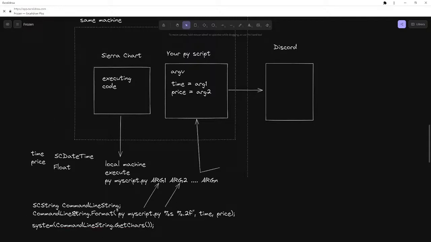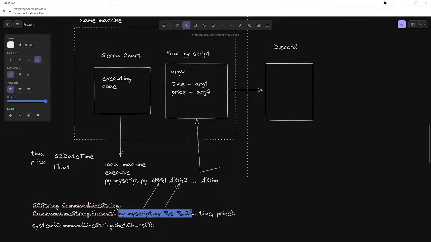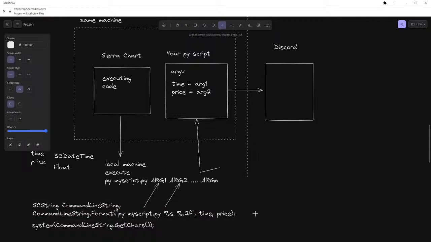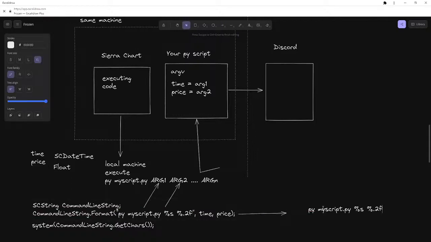So you format your command in here. This is your command right here. This will translate once you finish this. This will translate to something like my script, and then if you take your time variable and make it 2023:05:19 11:22 a.m. or whatever format you end up deciding on, and then what is the ES trading at right now? 4,140.20, whatever.